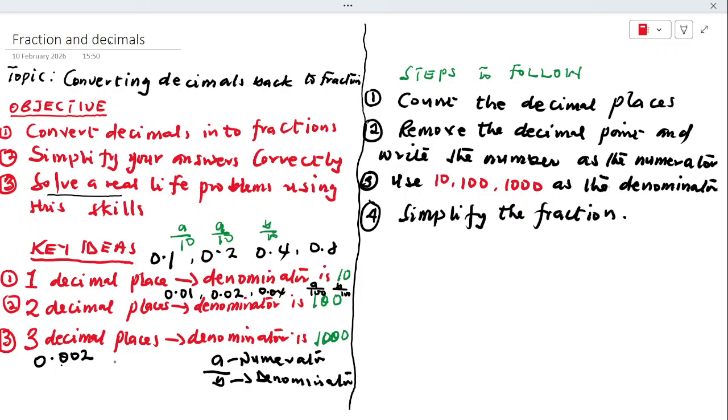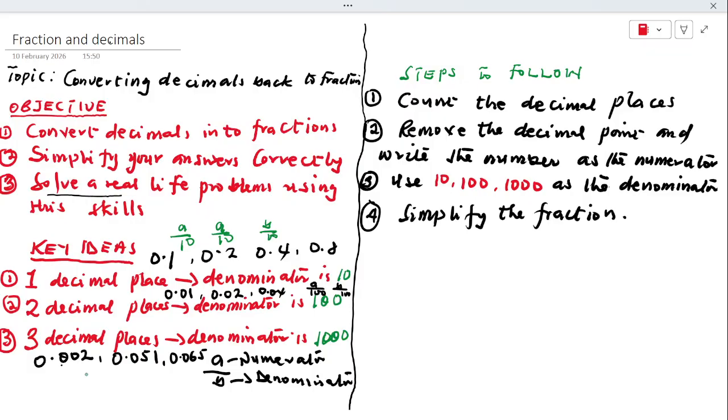All right. So 3 decimal places numbers such as 0.002, we can have 0.051, we can have 0.065. So in this form, we are saying that there are 3 decimal places.